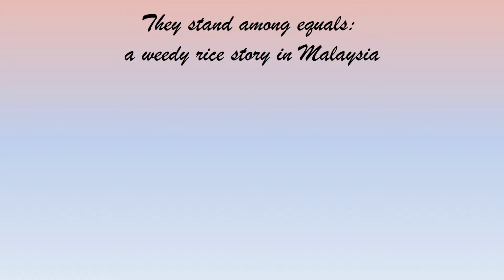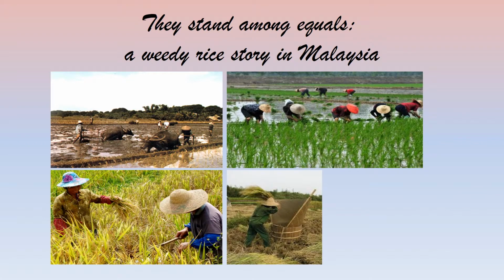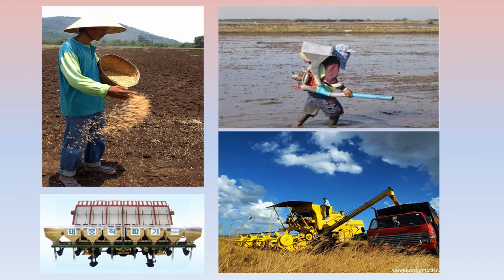The third story is about weedy rice in Malaysia, something that I study very closely. In early days, rice production in Malaysia is all about muscle and pain. Transplanting, less mechanical, labor-intensive and very traditional. However, the agriculture practices changed, especially in the early 80s, where direct seeding method was introduced.